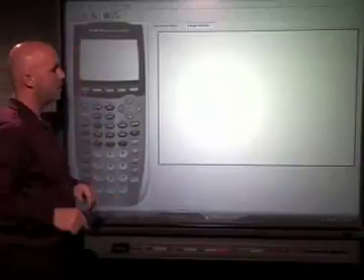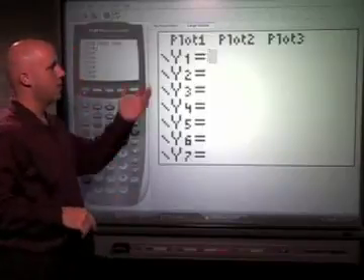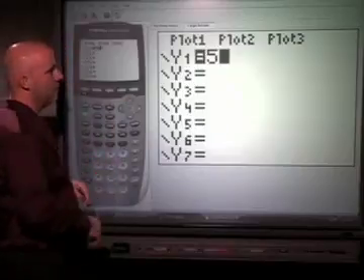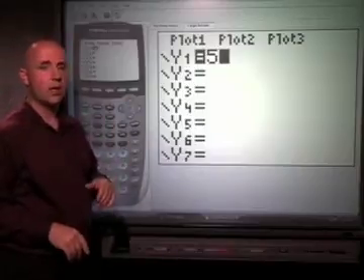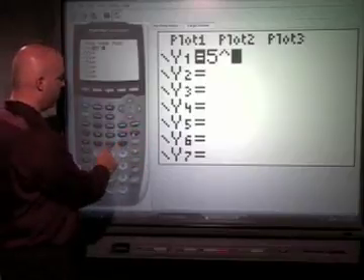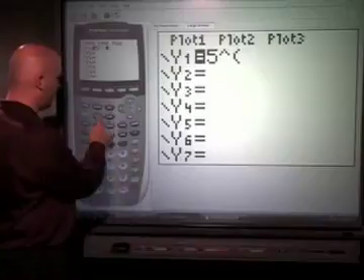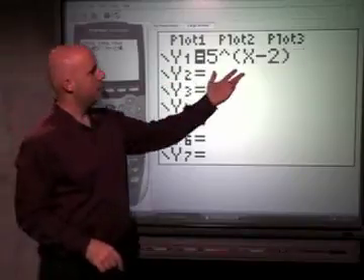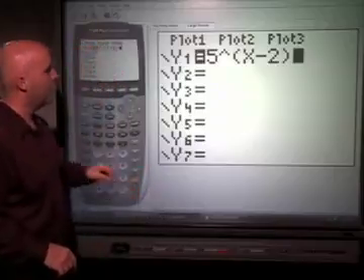We'll press our y equal to button to pull up our y equal to menu. In y1, we're going to enter 5 raised to the x minus 2 power. Now we want x minus 2 to be the entire power, so we use parentheses to group the x minus 2 together. So here we have 5 raised to the x minus 2 power. Hit enter.